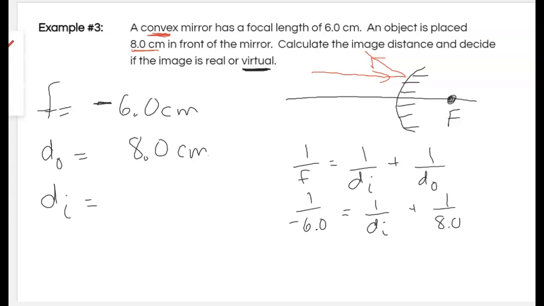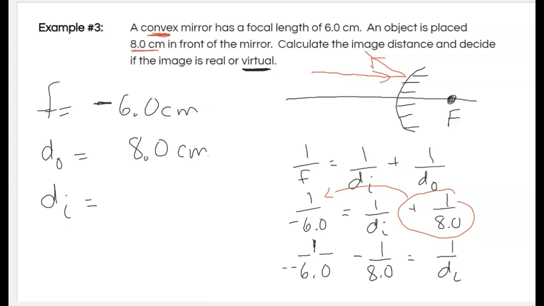I'm going to isolate 1 over d_i first by bringing the plus 1 over 8 to the other side. So 1 over negative 6.0 minus 1 over 8.0 is equal to 1 over d_i.